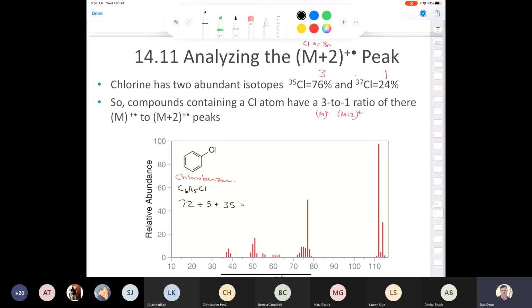Anyhow, so we're going to tally up the mass of the 6 carbons, that's the 72, plus the 5 hydrogens, plus the chlorine. Now again, chlorine has 2 isotopes, but you always go with the most abundant, which is chlorine-35, so you add 35. So that gives you 72 plus 40, which gives you 112. So the parent should be 112.